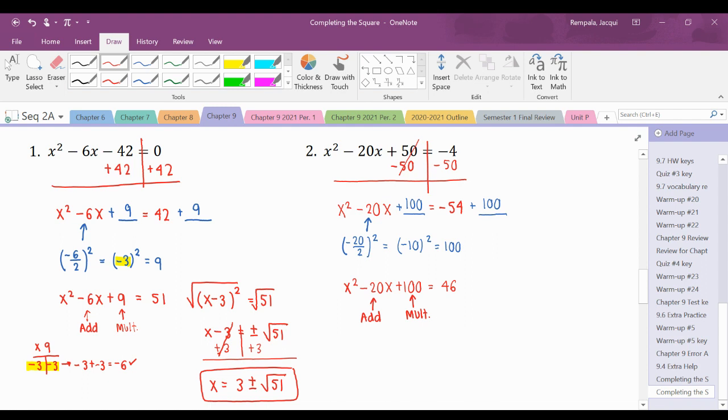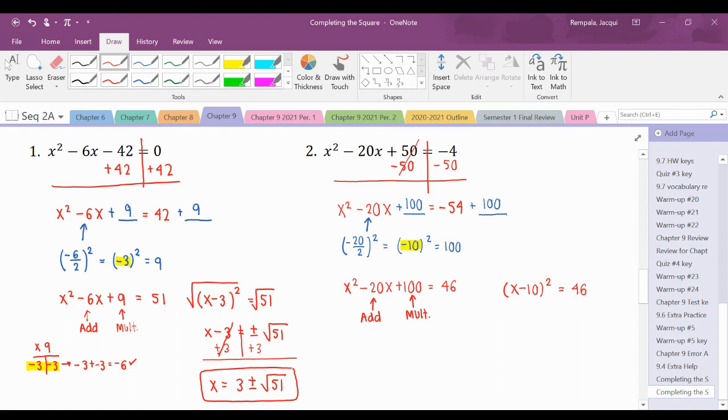You can go ahead and think about that, but once again, it's actually going to turn into this number that we had prior to squaring it. It's going to be the number negative 10. Because once again, think about it: negative 10 times negative 10 is a positive 100. That's going to add to the negative 20. So we really will have x minus 10 in parentheses, quantity squared, and that is what equals 46.